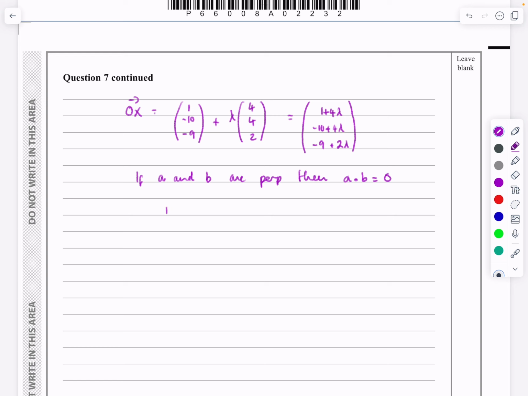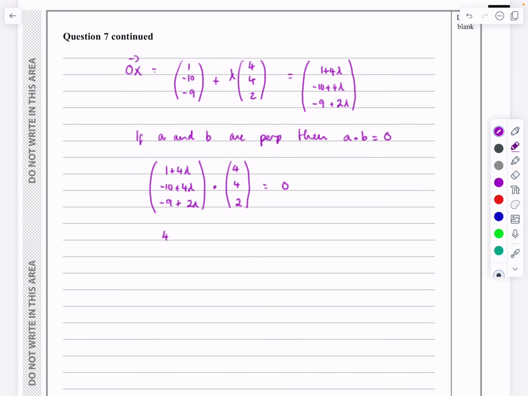So (1 plus 4 lambda, -10 plus 4 lambda, -9 plus 2 lambda) dotted with (4, 4, 2) is going to equal 0. So if that's true, 4 lots of 1 plus 4 lambda, plus 4 lots of -10 plus 4 lambda, plus 2 lots of -9 plus 2 lambda, is equal to 0.